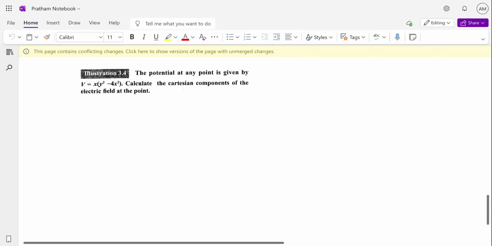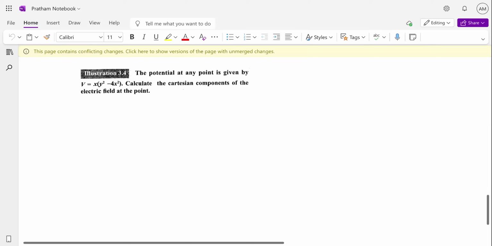So what are you getting for Ex? y square minus 12x square. I think you missed the negative sign, right? Oh yes, you're right. So for Ey, what did you get? Minus 2xy.